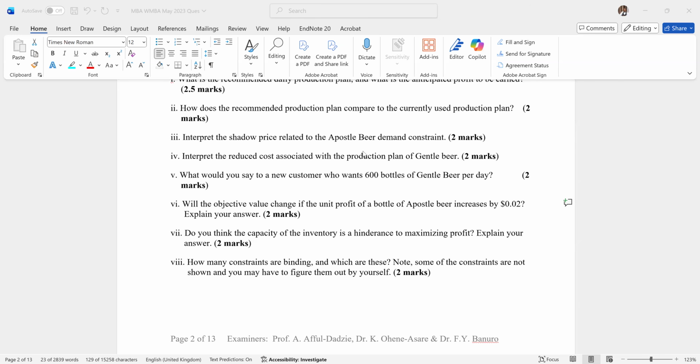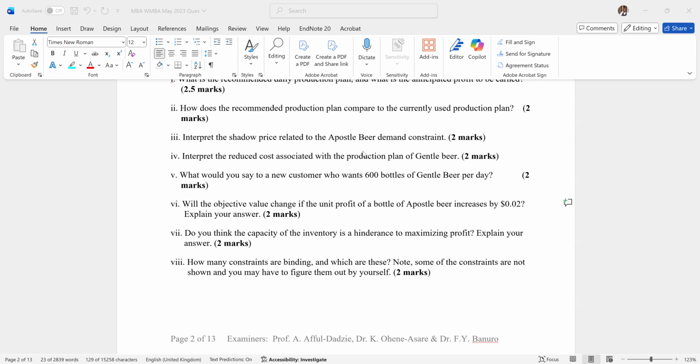That's what's in the question, an increase by $0.02. My question is, the allowable increase is 0.016.